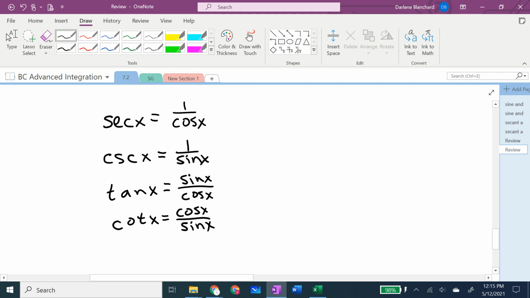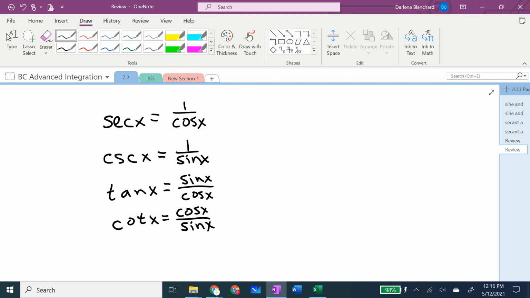Make sure you know how to change any of these 4 back to sine and cosine, and then deal with it from there. And in fact, you can do that every single time you run into stuff, but it might create a situation that goes way too far out there just to snap back, if that makes sense.